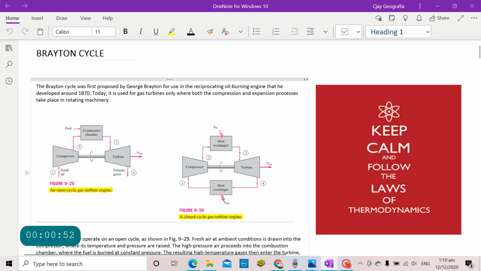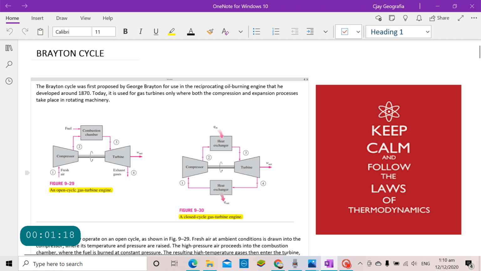As you can see, in an open cycle turbine engine, figure 9.29, and in figure 9.30, an example of a closed cycle gas turbine engine. There is a difference between the two. It's a simple explanation.